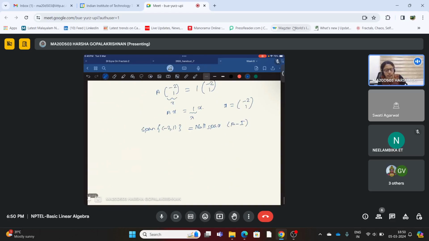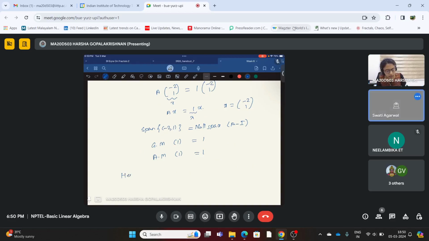Now, here again, what is the geometric multiplicity? Can anyone say quickly? Geometric multiplicity is 1, and algebraic multiplicity is also the same, 1. So from here we can say again it is diagonalizable.